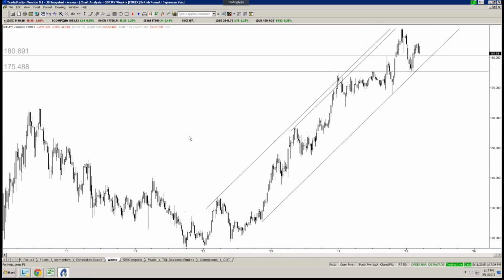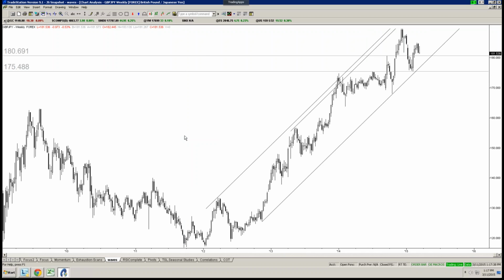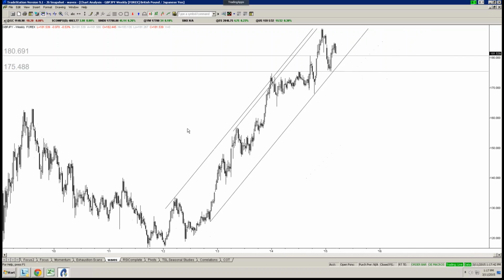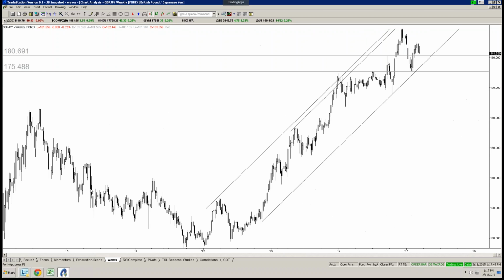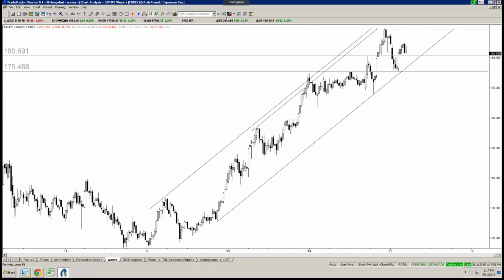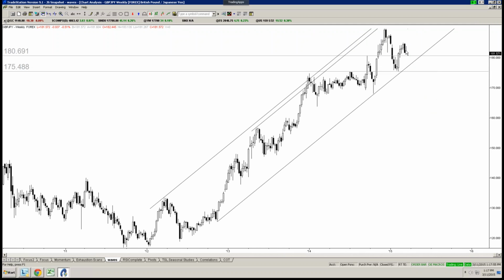We've been going on since 2011, so we're in year 4 of an uptrend in pound yen, which I'd argue is a pretty mature trend. Keep that in mind as we move lower: upon visiting this channel support, we should almost expect it to break because we weren't able to get all the way up to channel resistance.